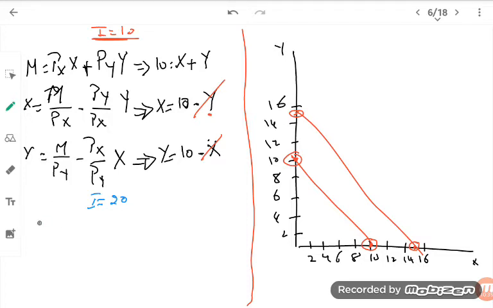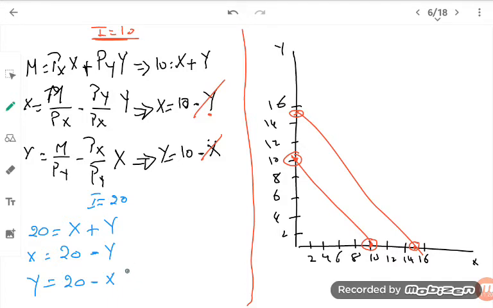With respect to equation number 1, it is going to be 20 equals price of X, which is 1, X, price of Y, which is 1, Y. Equation number 2, X equals 20 divided by 1 minus PY divided by PX, which is 1 divided by 1, which is 1, Y. Equation number 3, Y equals M, which is 20 divided by 1, minus 1 divided by 1, which is 1, X. So these are the 3 equations in case of budget line number 3.